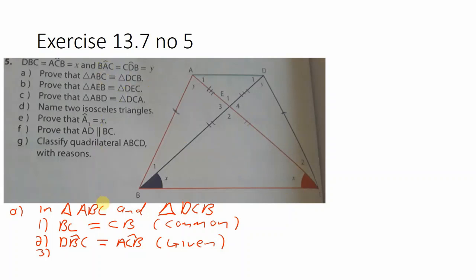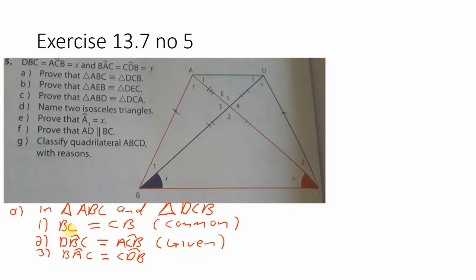So we can also say angle BAC is equal to CDB. So it's angle D. So we have angle A equal to angle D, because remember, order is important. We have angle B equal to angle C. Yes, our order holds.